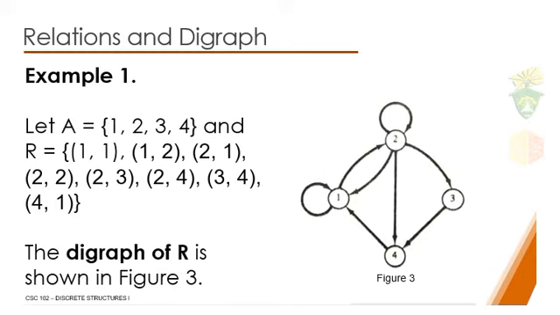Let's go back to example number 1. So, let's see or let's count the in degrees of the vertices 1 through 4. So, for vertex 1, relative to the given relation, so si 1, pila ka buok ang iyahang in degree or the number of arrows pointing vertex 1.